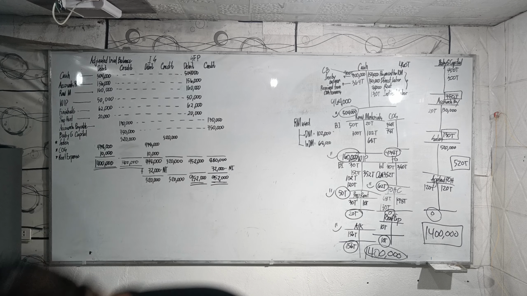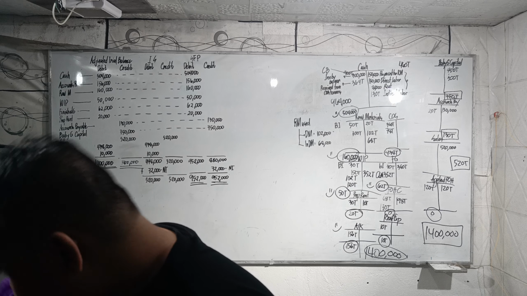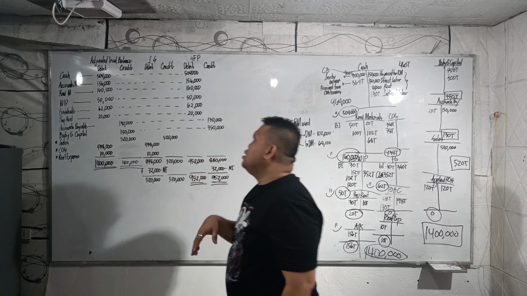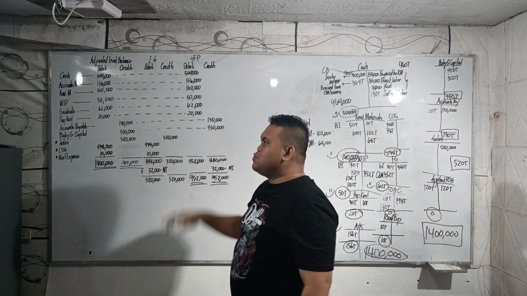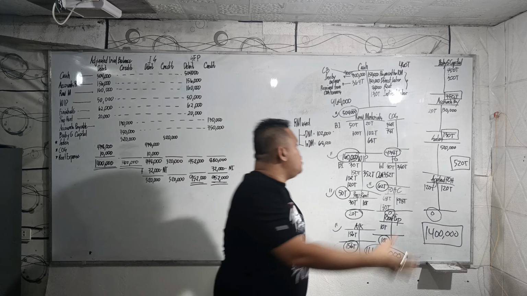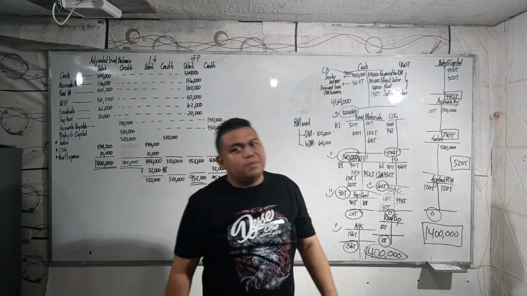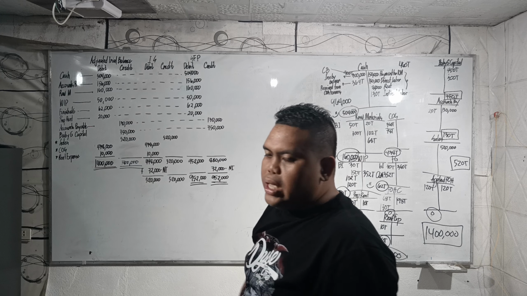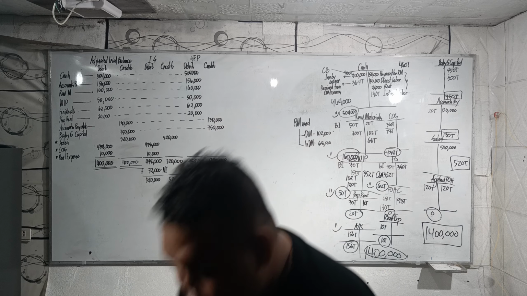Since we are already through with the worksheet. Again, this worksheet is only 6 columns because the adjustments columns as well as the unadjusted, we're not going to fill that up already because all of these things are already adjusted balances. Okay? So, what's next? Of course, it's the making of the financial statement.